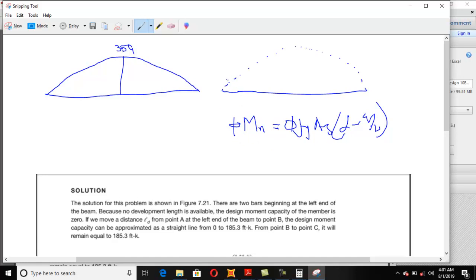The diagram which I construct on the basis of this formula, its moment capacity should be greater than these values.